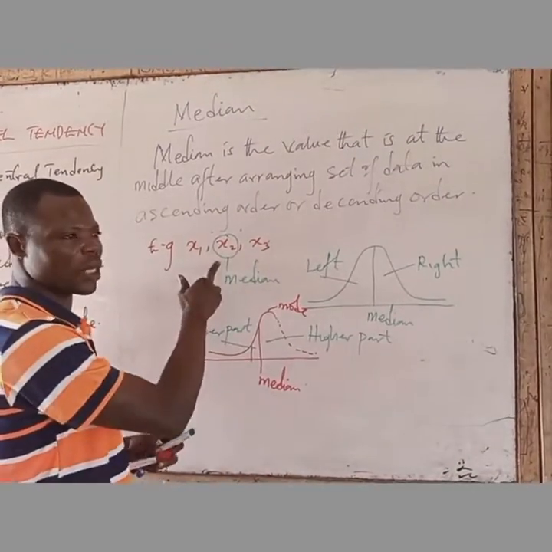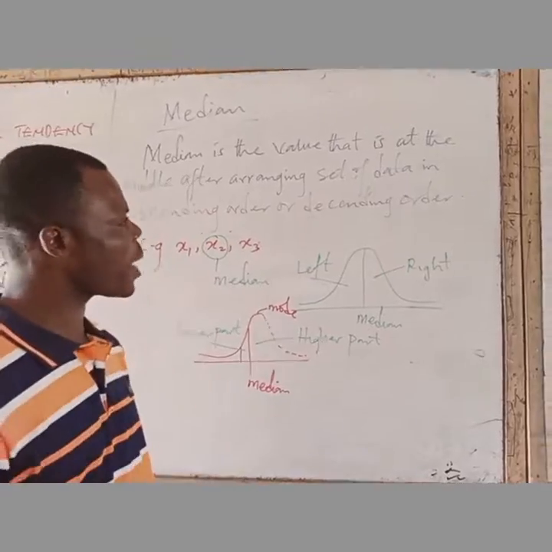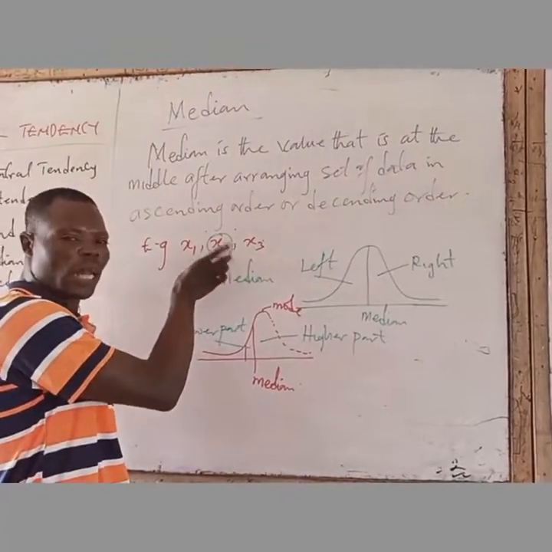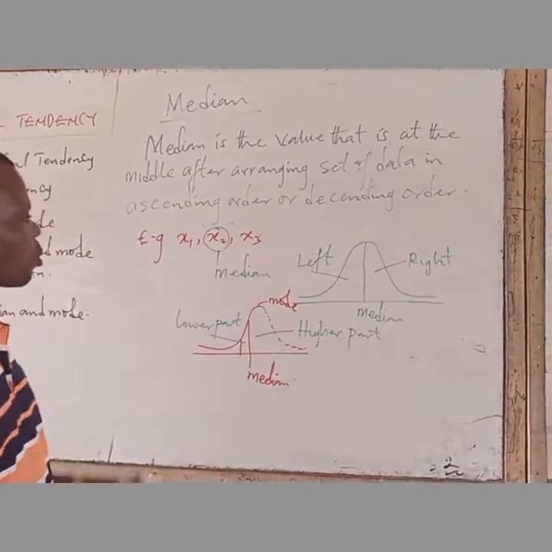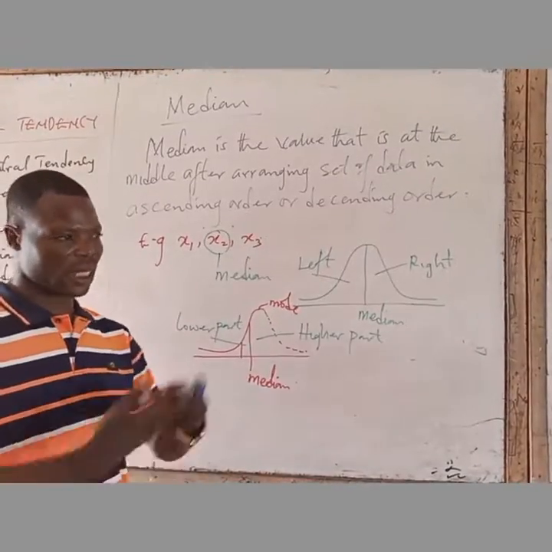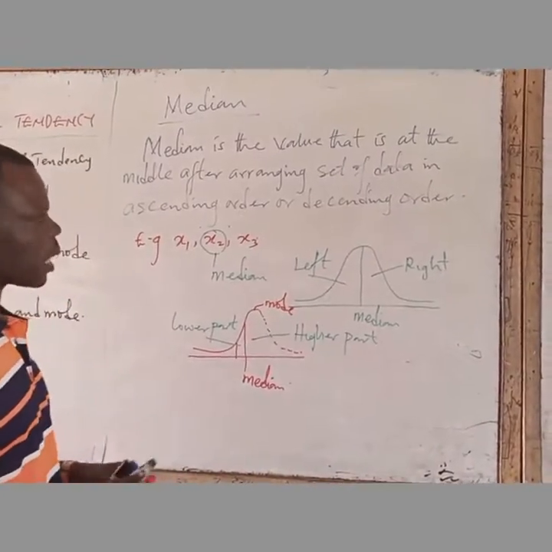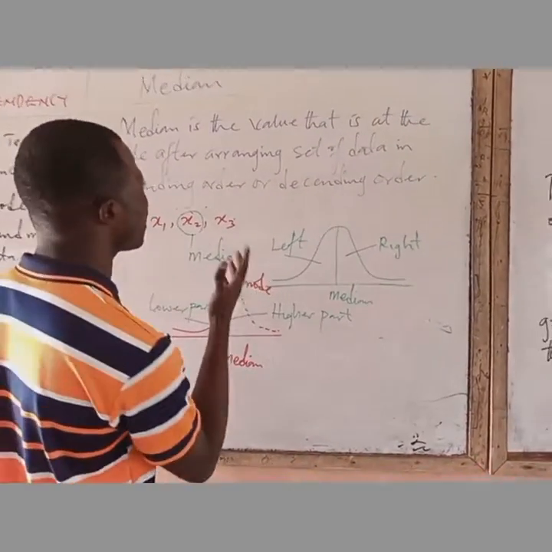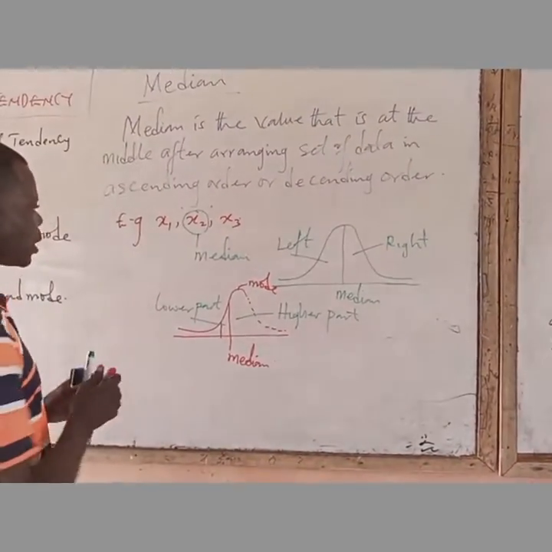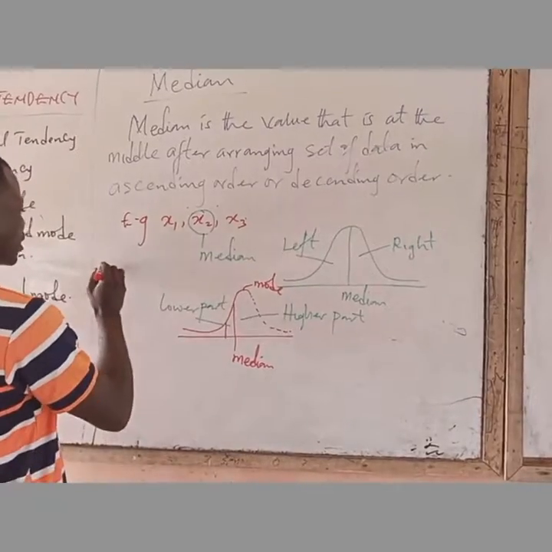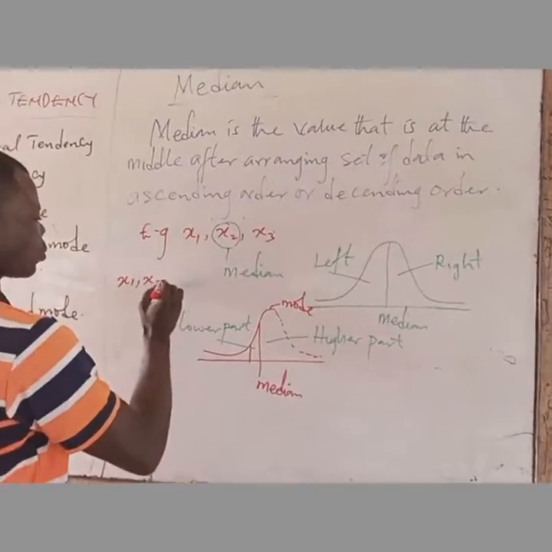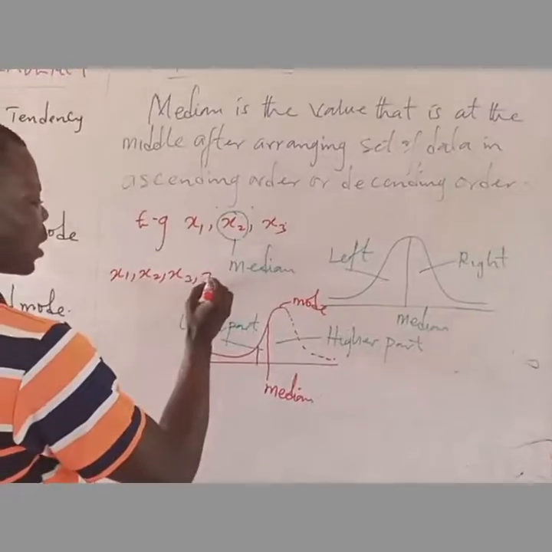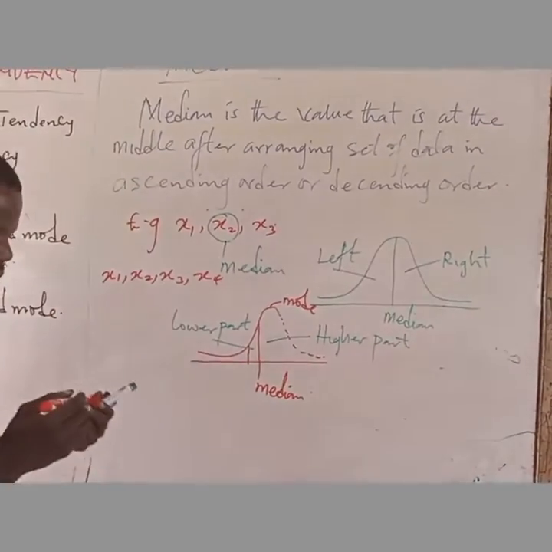This is the value. And there are some conditions whereby the middle value will be even. So when your data has an even number of values, for example, you have x1, x2, x3, and x4 here.